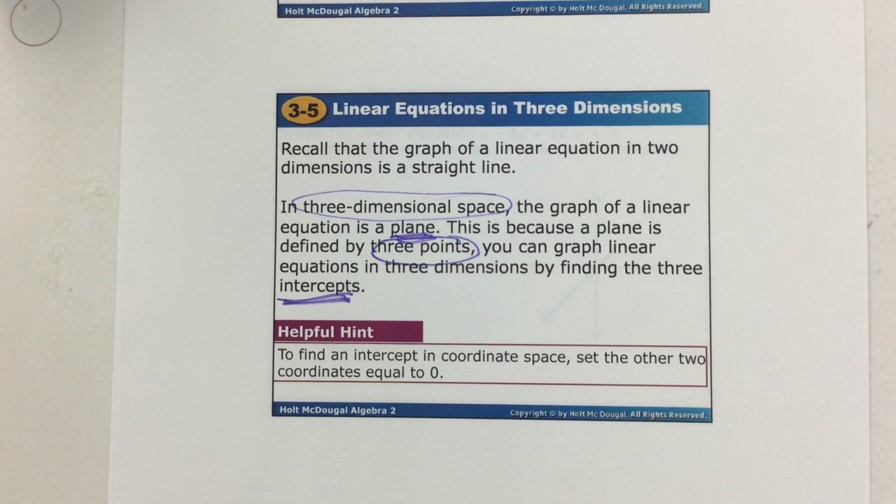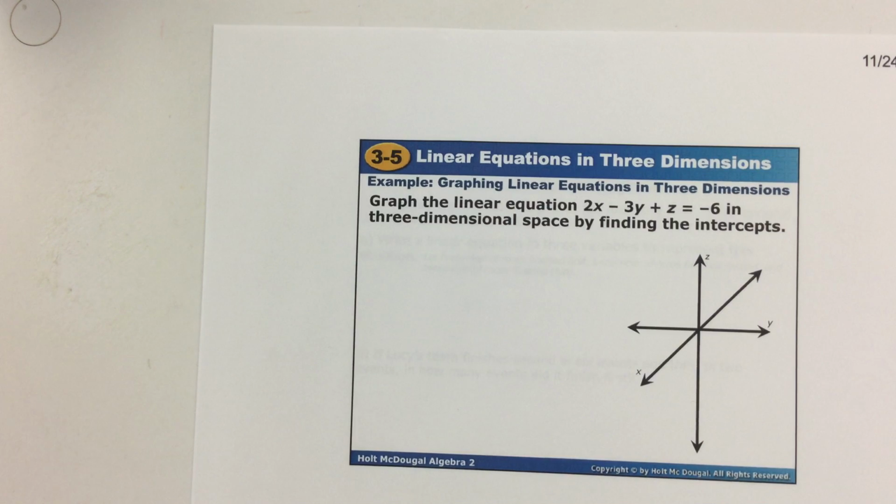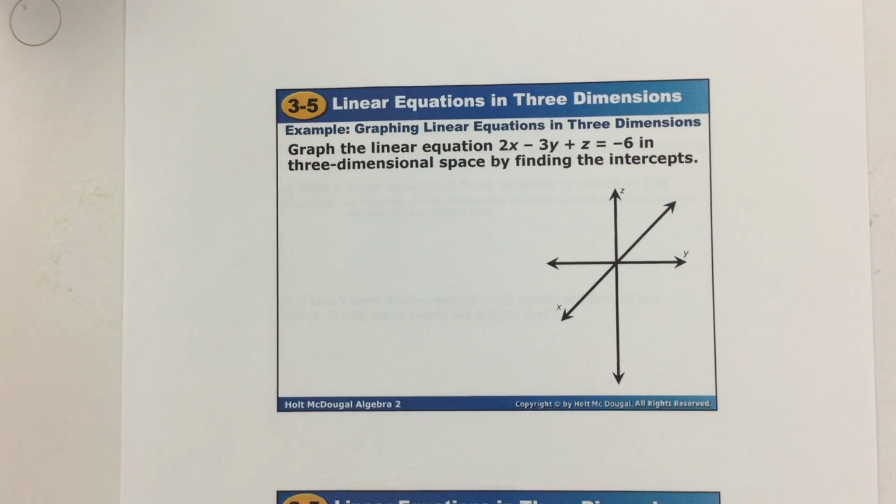Now, a plane is a 3-dimensional object. So once we have our intercepts, what we need to do is connect them and shade. Because by shading it, we're saying, okay, we realize this is a 3D object. Okay, let's go ahead and do that. If they want you to graph an equation that is 3-dimensional, meaning it has x, y, and z, this is where you have to find the intercepts, okay?